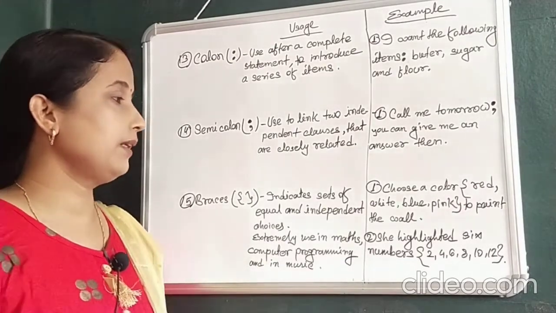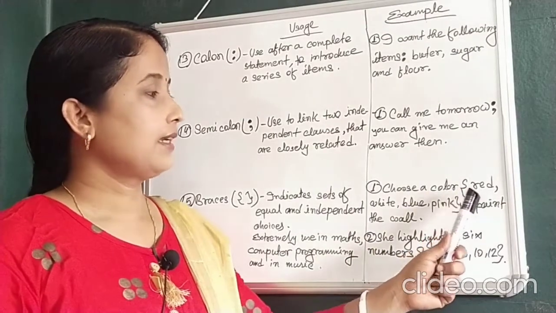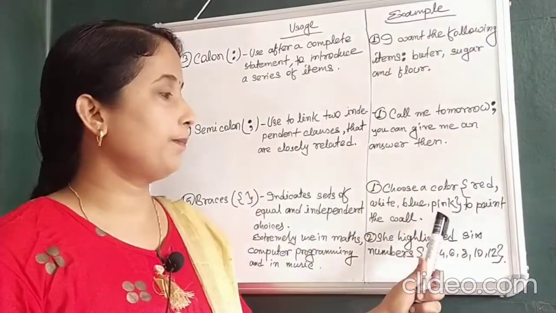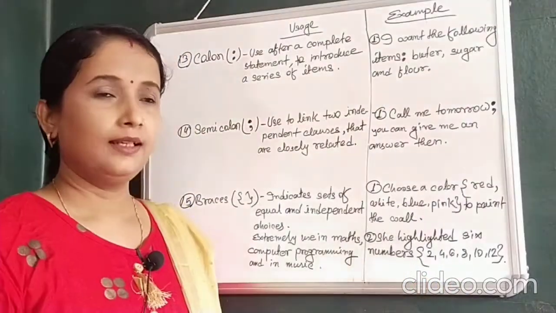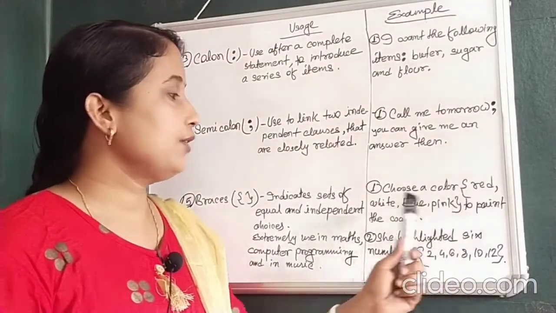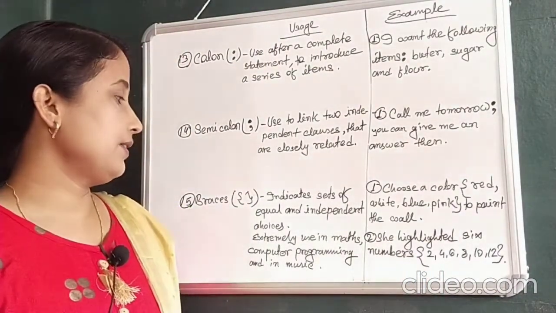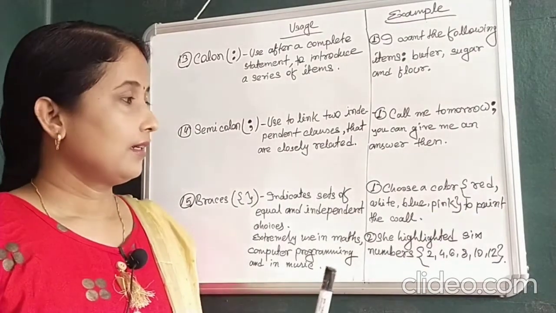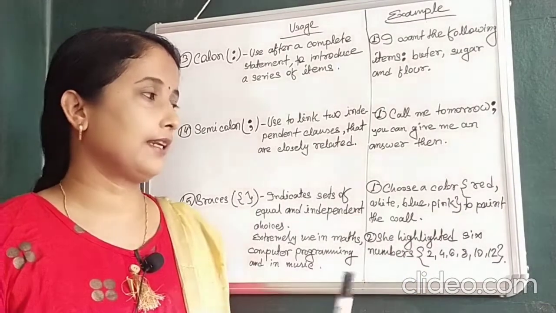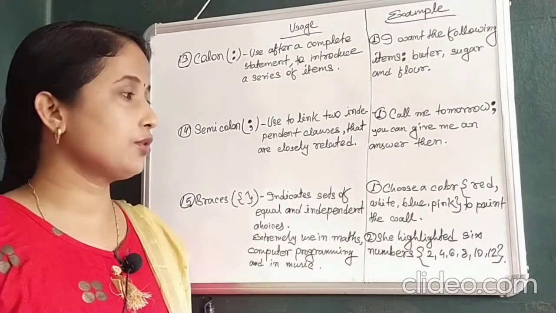Now let's say an example: choose a color {red, white, blue, pink} to paint the wall. Here red, white, blue and pink are independent and equal colors, and we have to choose one of them.